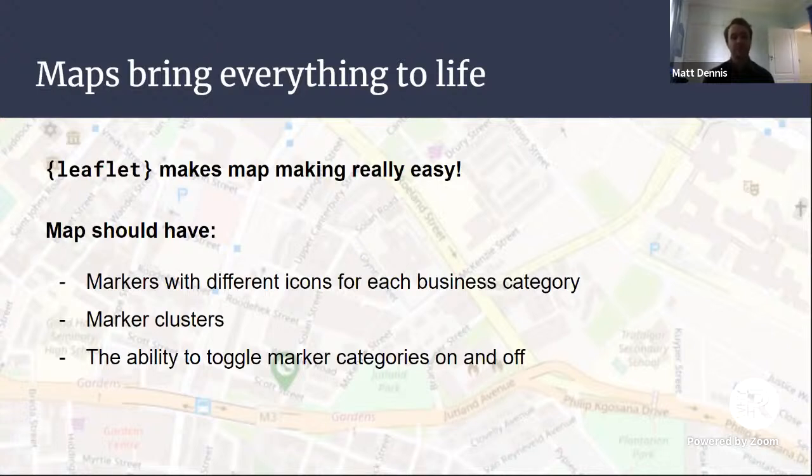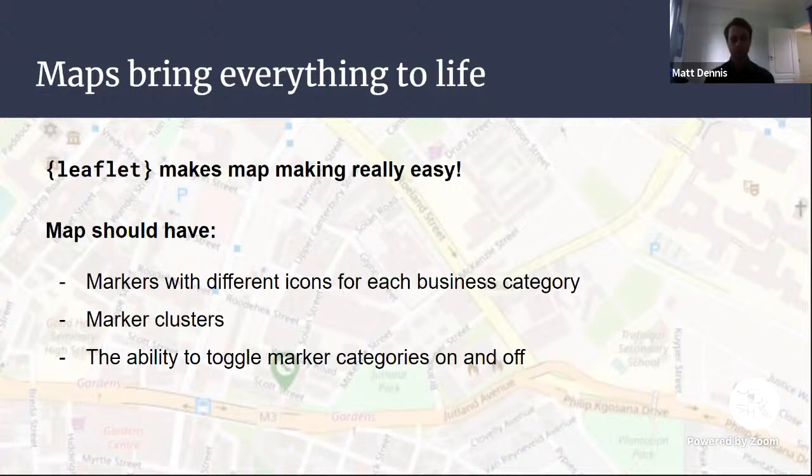Yeah, so I'm going to tell you a bit about how we made the map. We used the leaflet package, which makes map making super easy. And it's also really easy to integrate a leaflet map into a Shiny app. So yeah, we loved using this package. There were 3 main goals that we wanted for our map. We wanted it to have different marker icons for each business category.